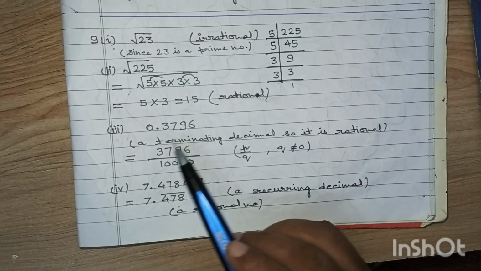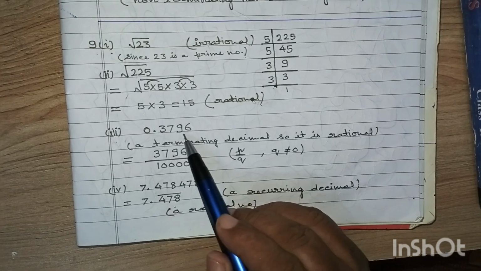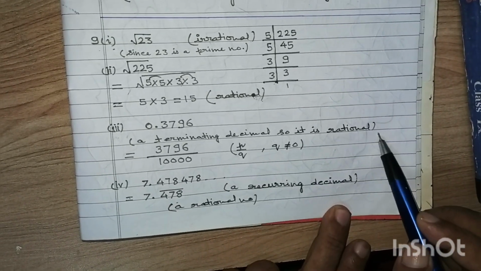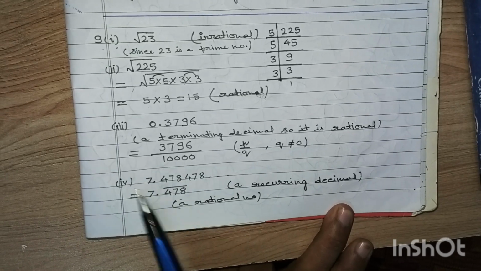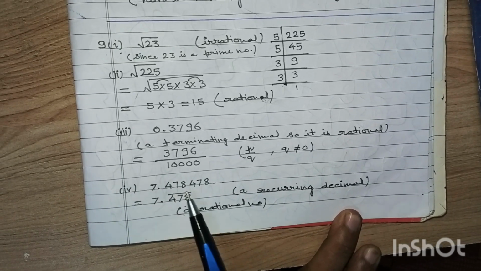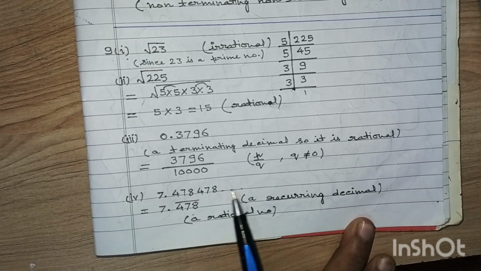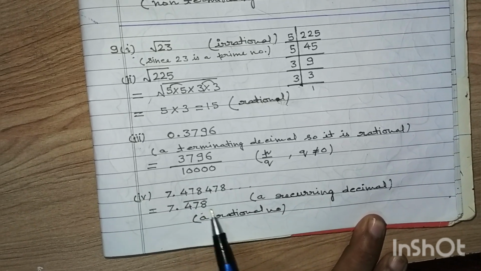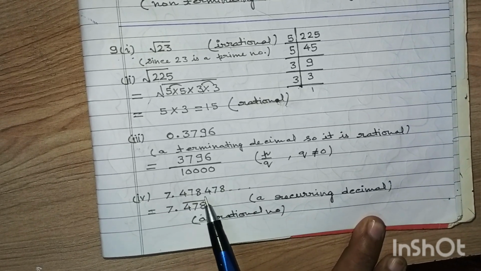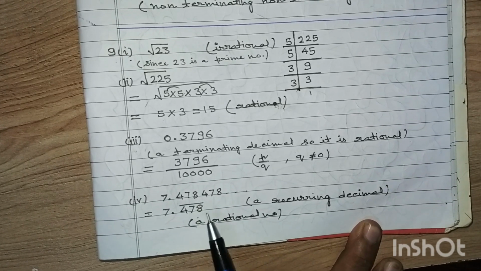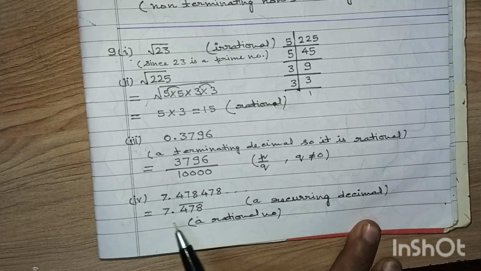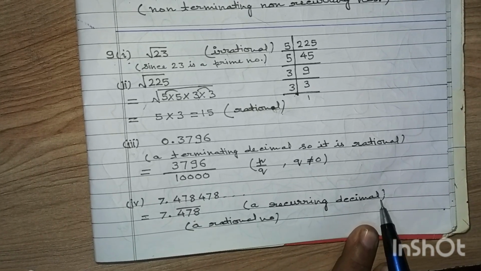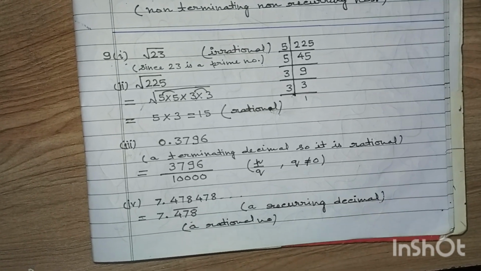Third part, 0.3796, a terminating decimal, so it is rational. Fourth, 7.478478... equals 7.478, see, 478 is repeated, so 7.478 bar, a recurring decimal, a rational number.